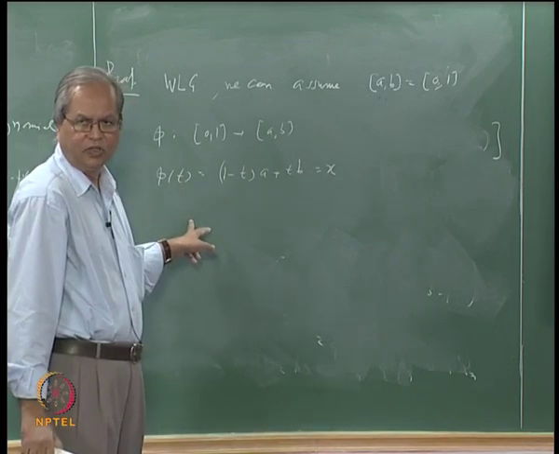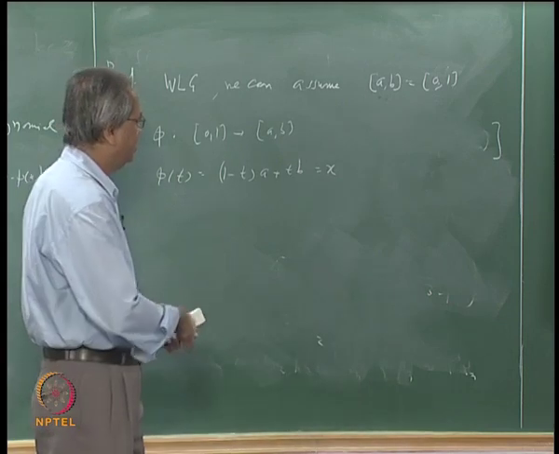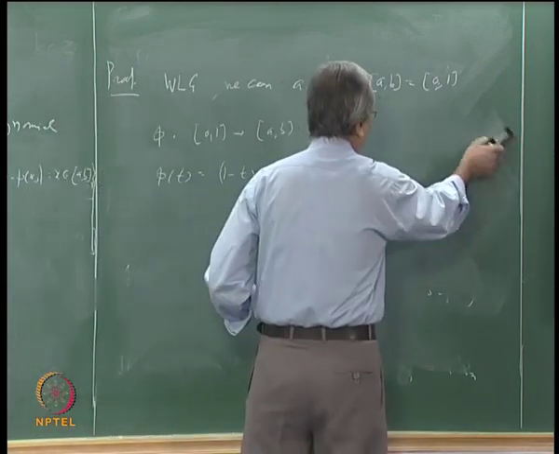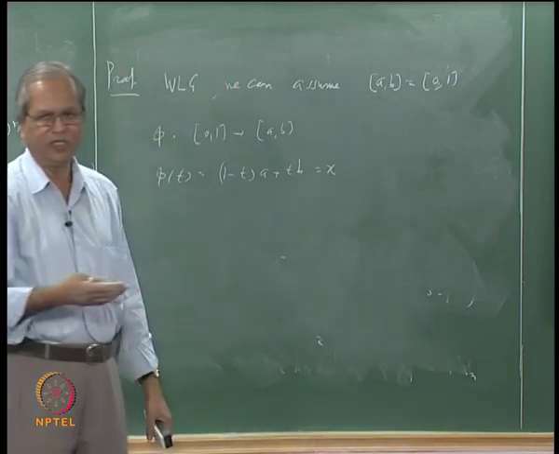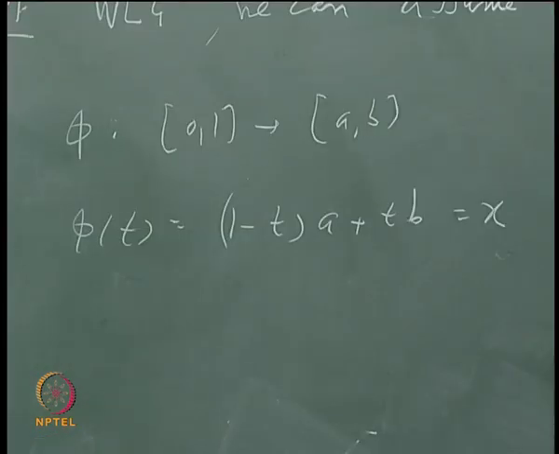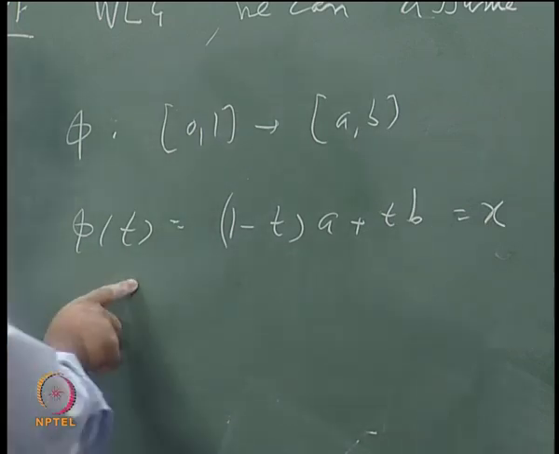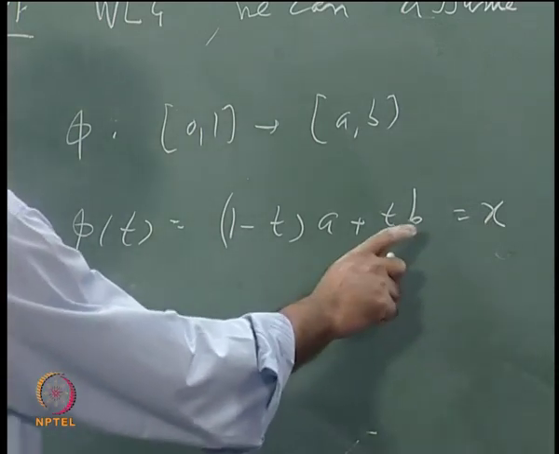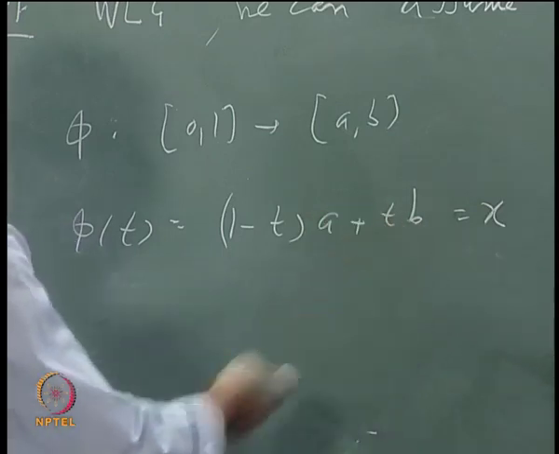In this case it is clear, but even otherwise you should know that if you are given two compact metric spaces, any continuous bijection is a homeomorphism. Anyway, since phi of t is equal to x, we can also write t in terms of x.